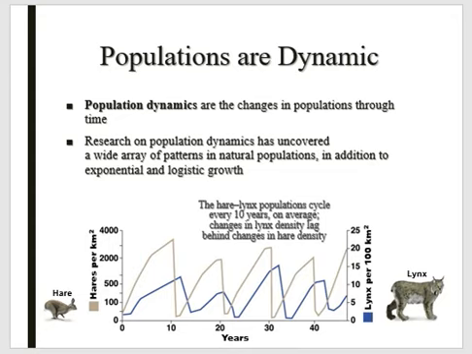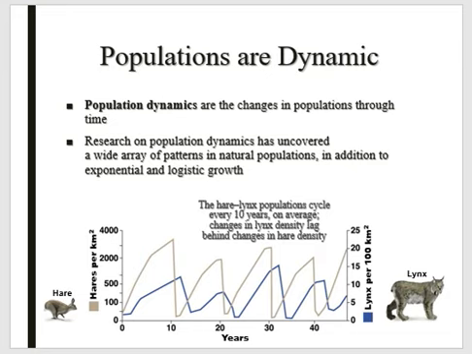You'll also have ebbs and flows in population sizes in response to changes in the environment. So it's a very dynamic living system as far as the interactions, the sizes, and the distributions of different populations.